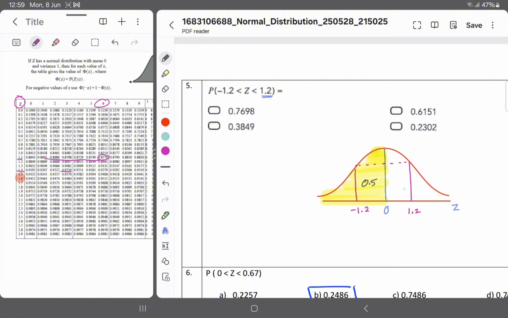And using symmetry, we can divide that area into equal parts: one part between 0 and 1.2, and the other part between 0 and negative 1.2.